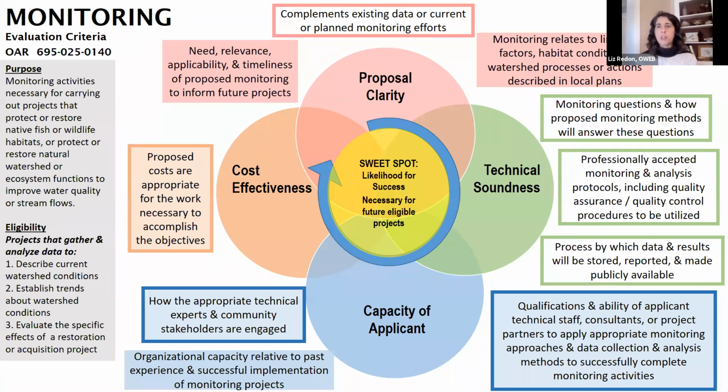So while you can use a match that predates the project, it does get a little more scrutiny to make sure that it's directly related to the project goals and objectives. So it's really important to make that clear in your application, that you're not using just any match, but it is directly related to the goals and objectives of the proposed work. OWEB is unique in that we don't require match to be concurrent to an open grant. So we do just have to be careful to make sure that it's relevant.